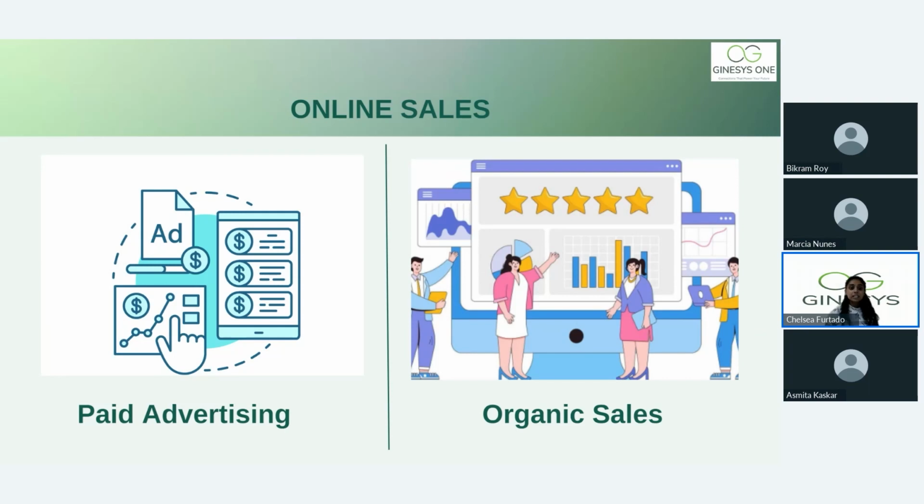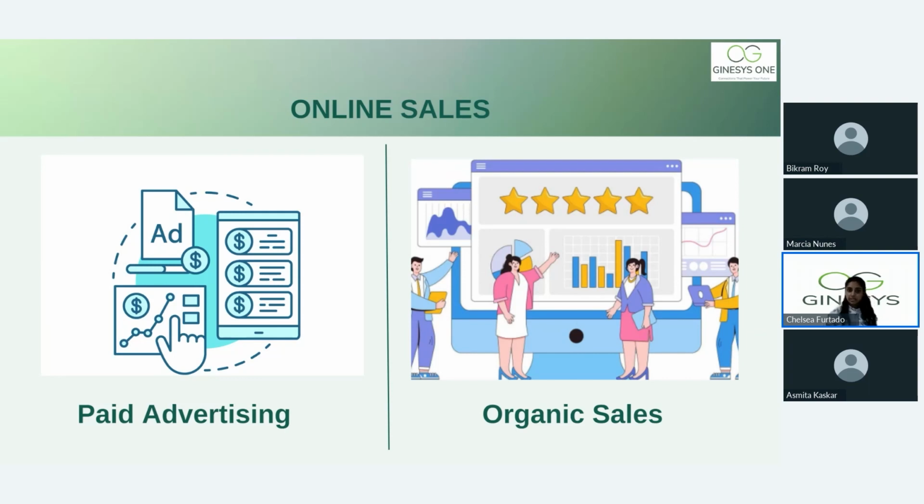Now, getting into the webinar for today. When it comes to online selling, every seller's main aim is to generate a high volume of sales. One can achieve this either through paid advertising or through organic sales. In our last webinar, we gave you an in-detail understanding about performance marketing, and how you can generate sales through paid advertising.